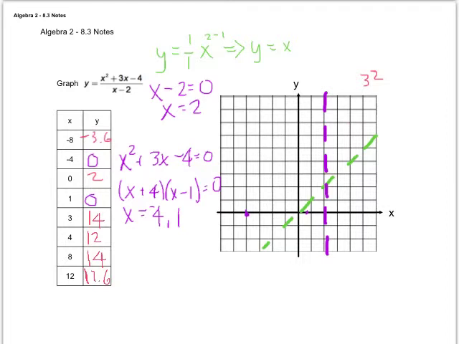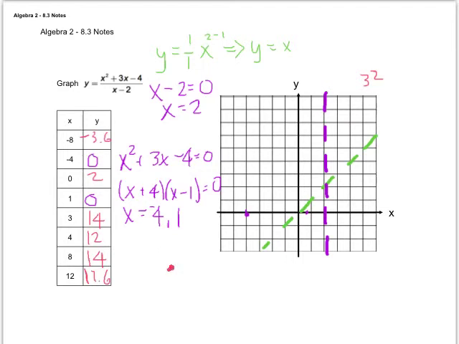And so once you've got your stuff, you can start to apply your points. And so, if we're looking at these guys, let me make my ink a little heavier here. If we're looking at these guys, negative 8, negative 3.6, so here's 4, 5, 6, 7, 8, 3.6. It's going to be about right here.